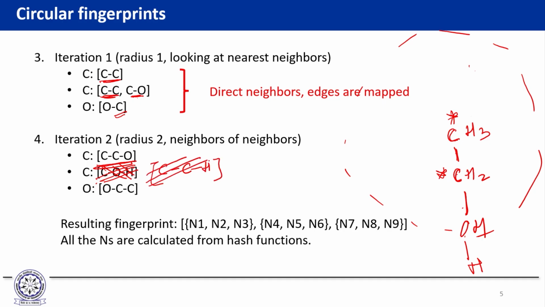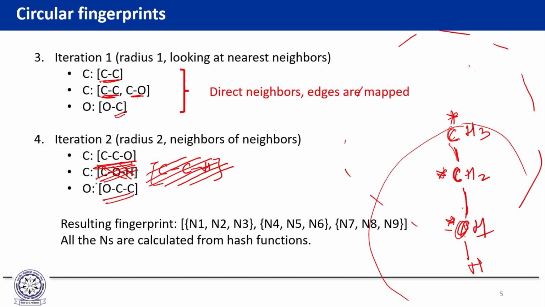But in practice, if we are not going to include the hydrogen, we need not have either of these denoted. Similarly, if you look at this oxygen as the reference and you are making a circle of radius 2, then you have this path from oxygen to the second carbon onto the first carbon. So you have this OCC.